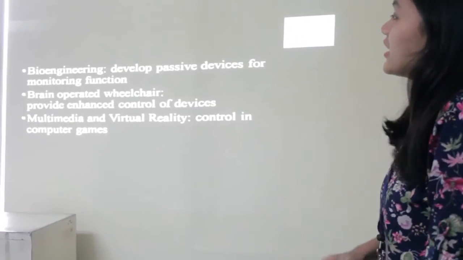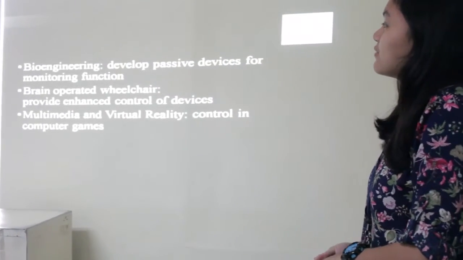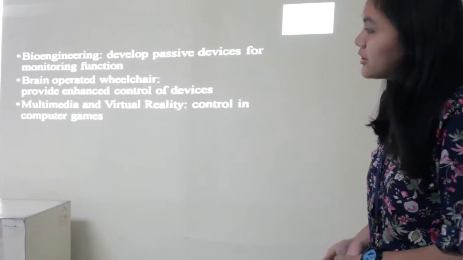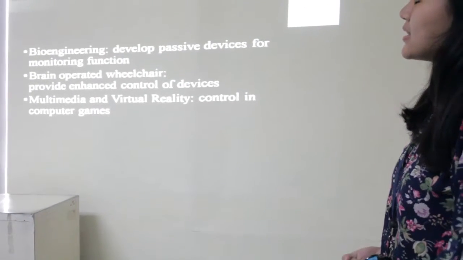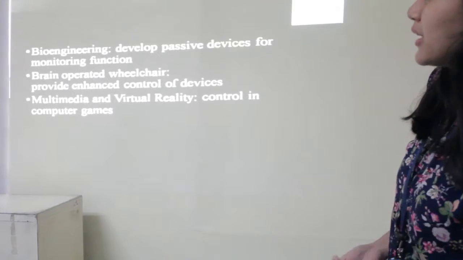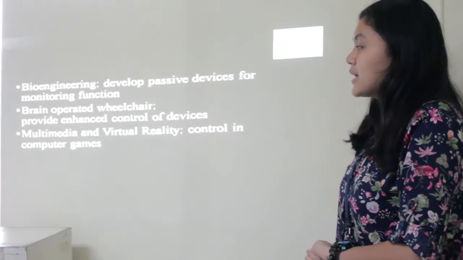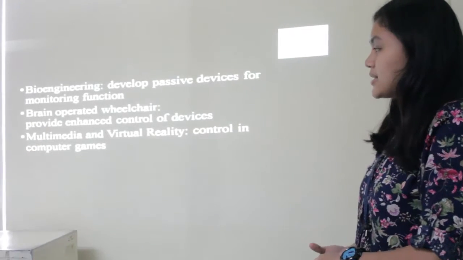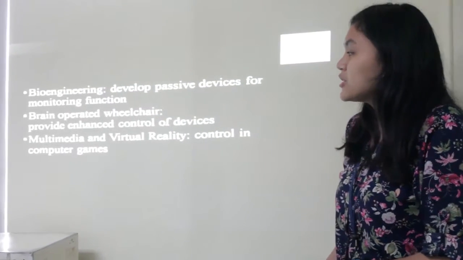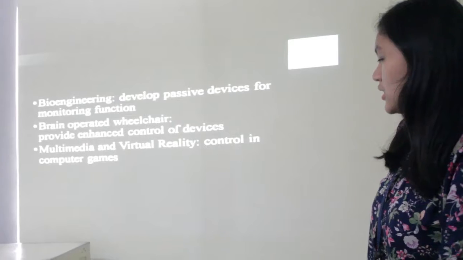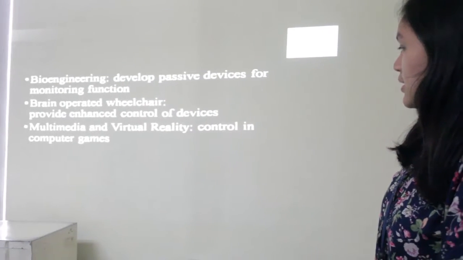For bioengineering, it develops passive devices for monitoring function, and it is similar to that of medicinal applications. For brain-operated wheelchair, it provides enhanced control of devices. And for multimedia and virtual reality, it is used to control computer games.